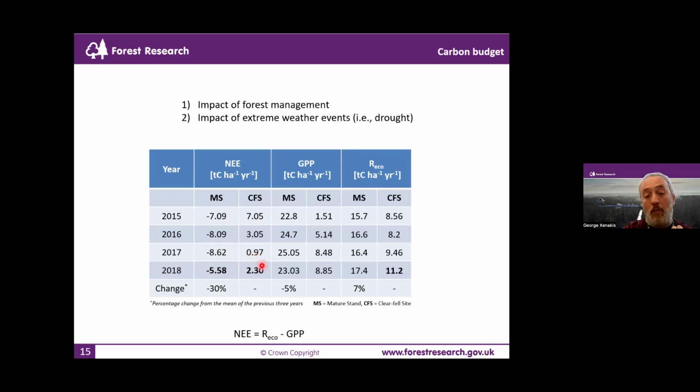And there was also a significant release of carbon from the felled trees back to the atmosphere. So initially the felled site was going to be a nice absorption site, what we call a sink, but it went back into a release. We saw about a 30% drop in the absorption of carbon because of the drought in the mature stand when we compare it with the previous 3 years.